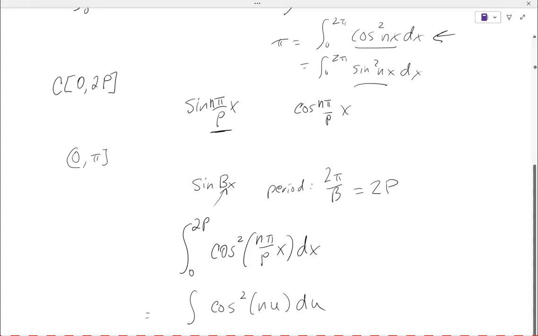Because I know what that integral is, and I want to see 0 to 2 pi is really what I want to see here too, right? Because I know what that answer is. It's pi, right? Okay. So if I want to see n times u on the inside here, what does the u need to equal? The other way around, right?